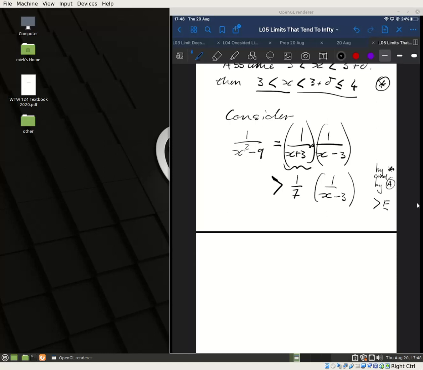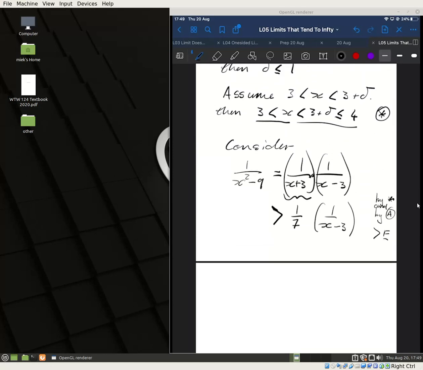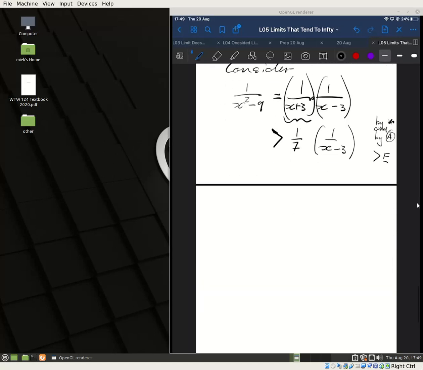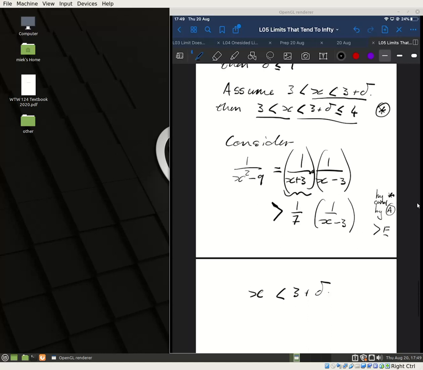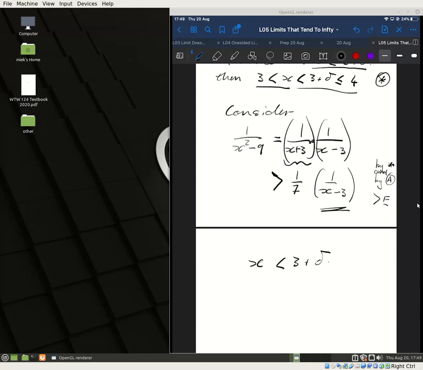What would be the best way of doing this? Okay, so I would suggest what you do is you take what you know over here, and you say x is less than 3 plus delta, and rework this so that it looks like that, and then you will see how we will have to choose our delta.